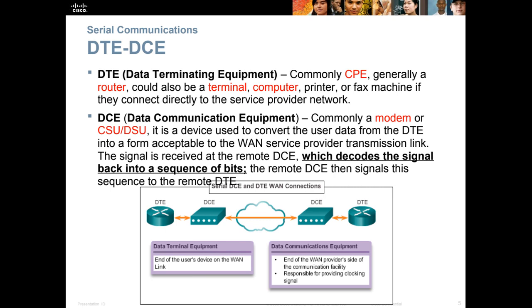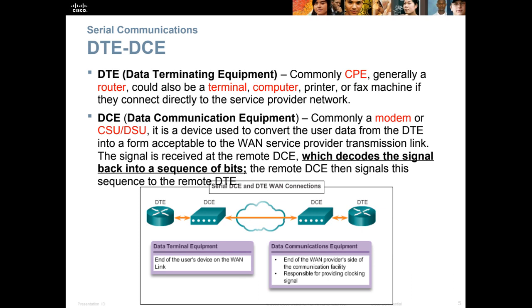DTE and DCE always come up. What is DCE and what is DTE? You have to know them, please. DTE is commonly the CPE, customer premises equipment, generally like a router, terminal, computer or printer. These are all DTEs.